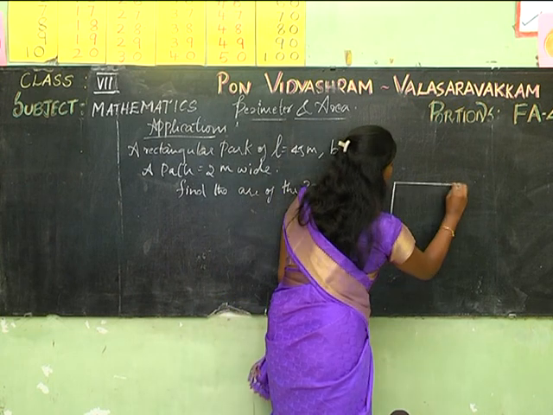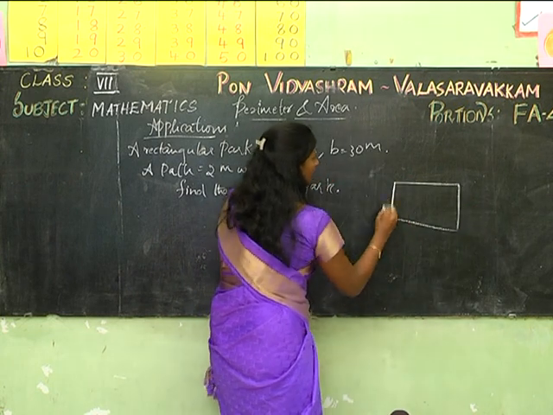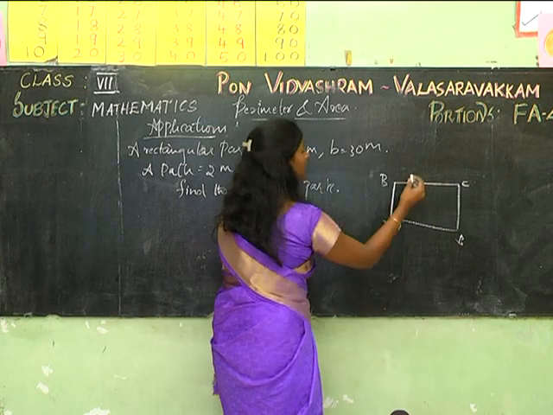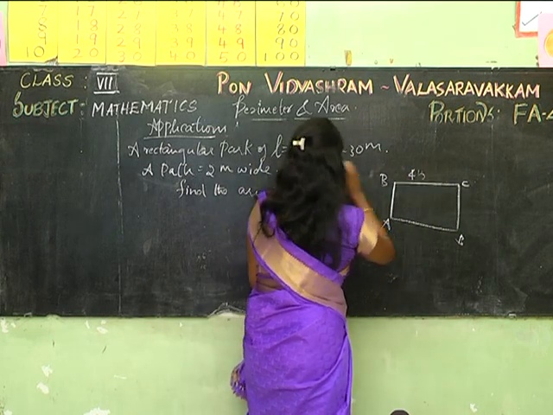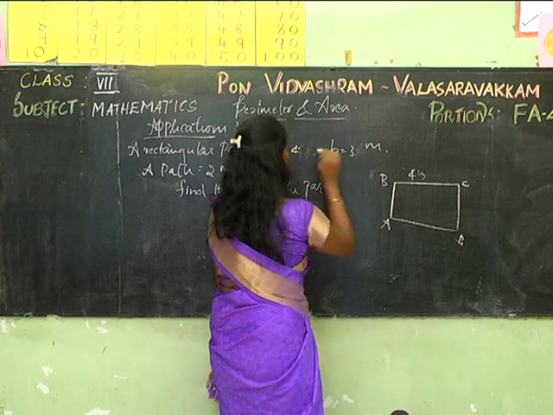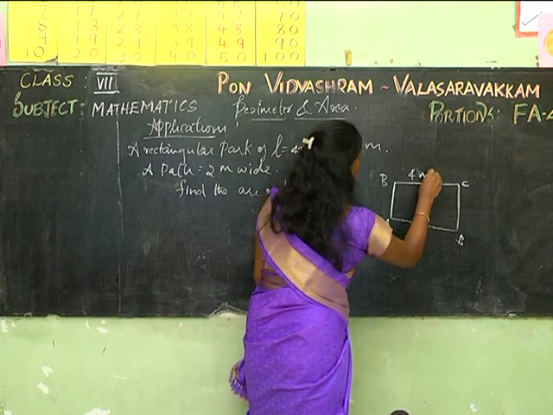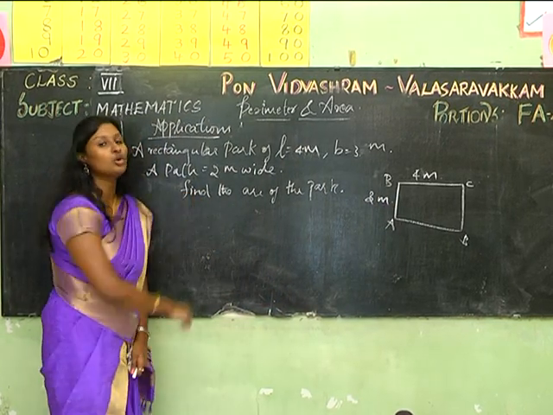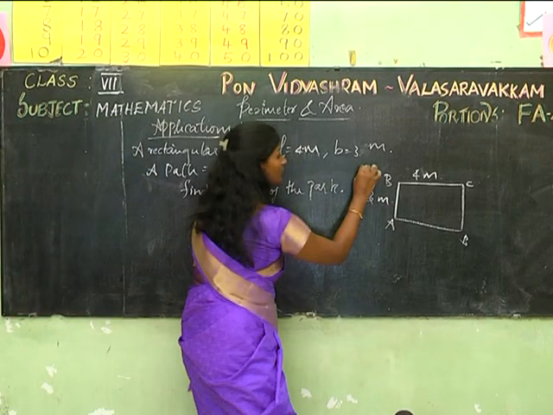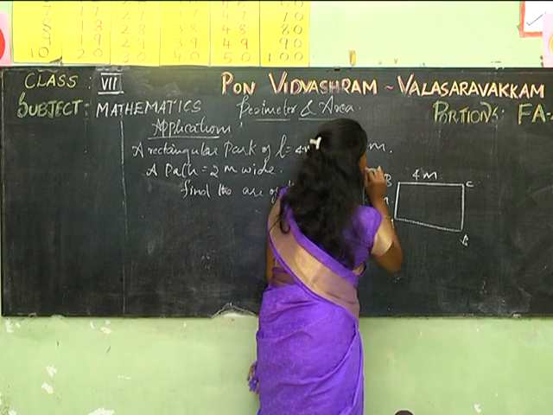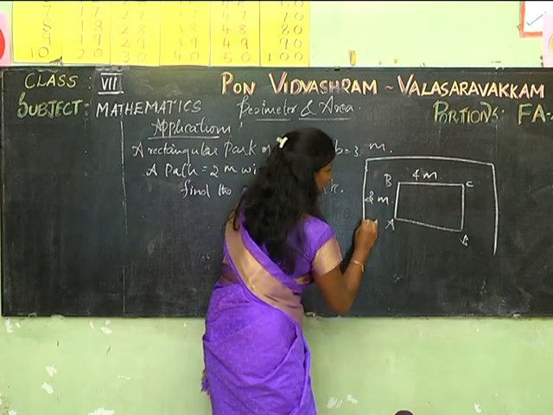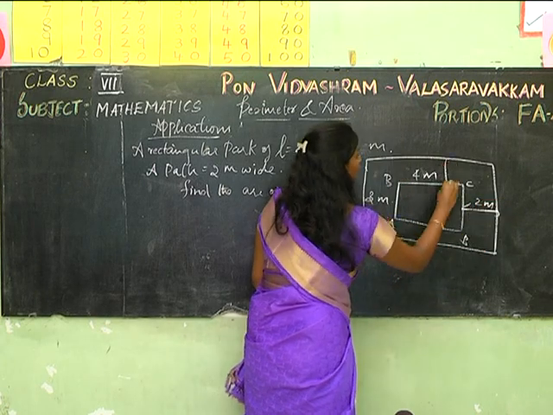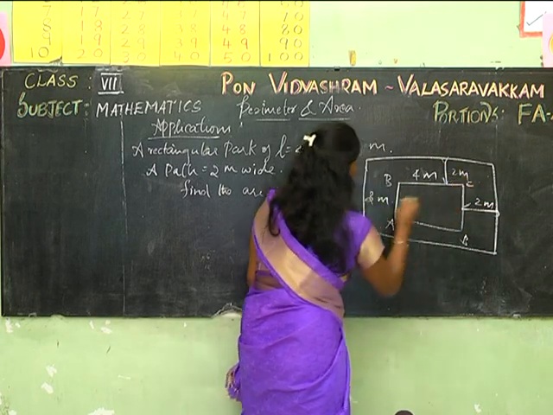We will consider the rectangular park ABCD, and length will be 45 meters and breadth will be 30 meters. See, and the path of 2 meters wide is given. So, if I take a path of 2 meters wide, this distance will be 2 meters throughout the path.